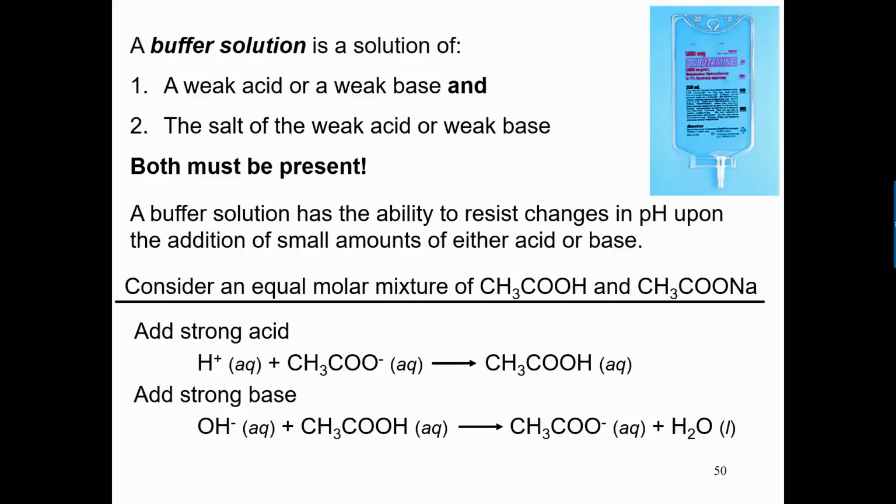So if this was 0.3 molar and this was 0.3 molar, like our earlier example, 0.3 minus 0.02 molar goes to 0.28, and this one will go to 0.32 plus 0.02 molar.